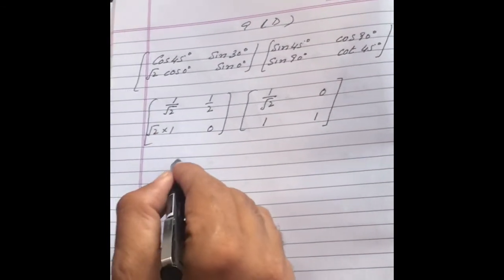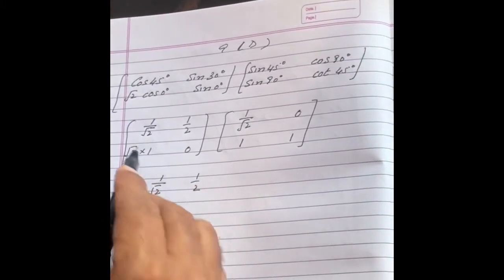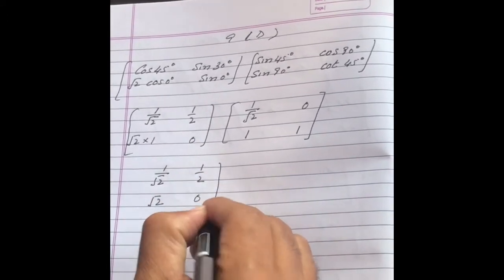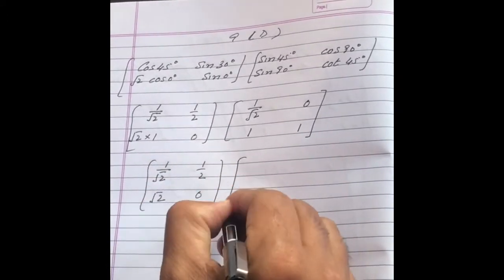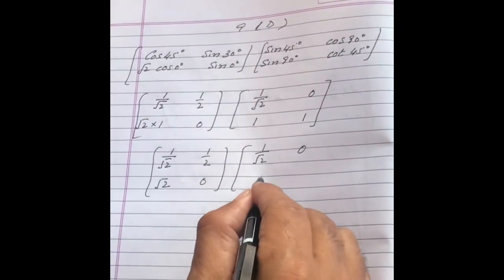So it is 1 by root 2, 1 by 2, root 2 into 1 is root 2, 0. It is 1 by root 2, 0, 1, 1.